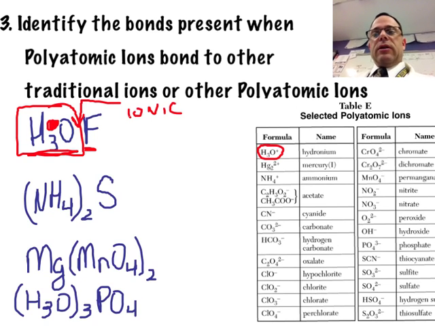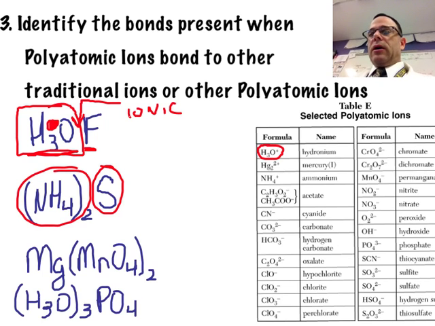Similarly, sulfur and ammonium. Ammonium is right here. It is a polyatomic ion, so once again we have covalent bonds holding the polyatomic ion together to begin with. But what is holding that polyatomic ion to the sulfur, which is behaving as an ion?